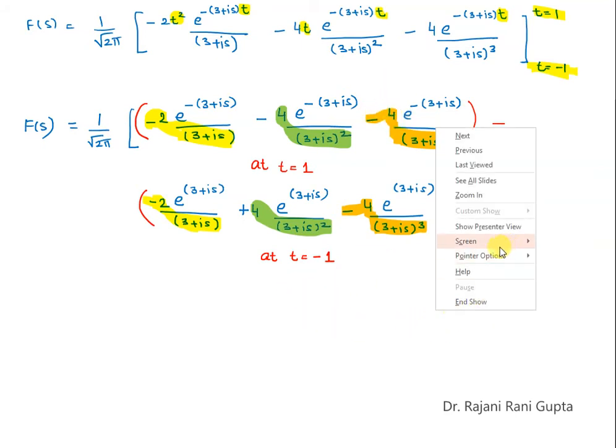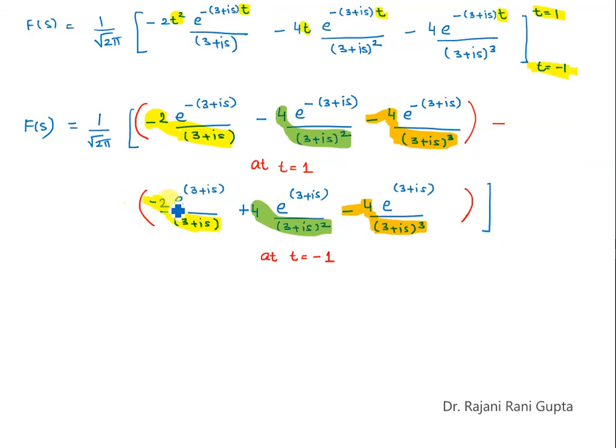So now let's combine the terms. If I am taking it as common factor, 1 over square root of 2 pi. From the first two terms, if I take minus 2 over (3 plus iota s) as common factor, what are we left with? We are left with e power minus (3 plus iota s) and minus, because of this minus sign, e power (3 plus iota s).